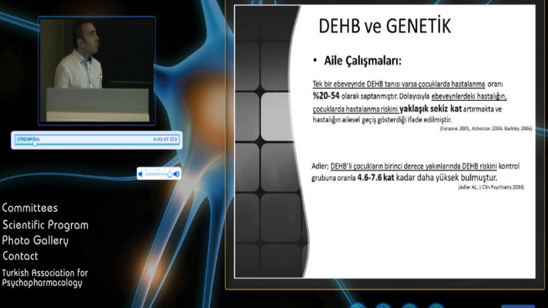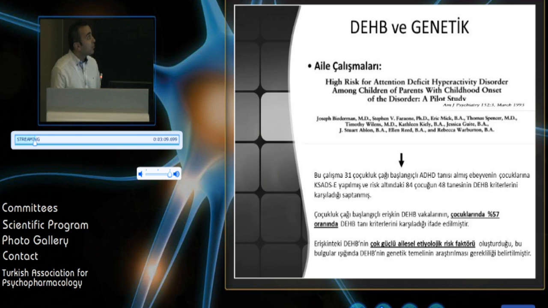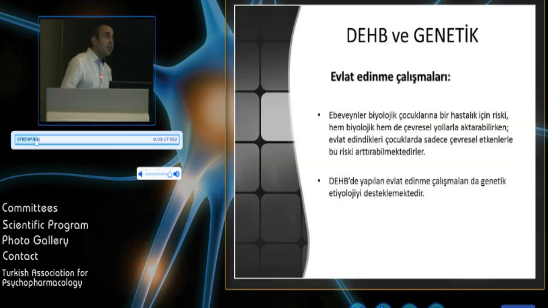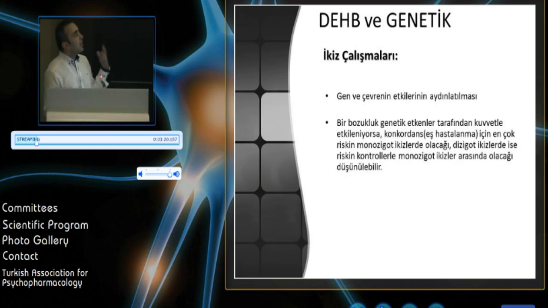If there is this diagnosis in one of the parents, the child has an 8 times higher risk of having the disorder. In trials conducted in Turkey and abroad, we see a similar result. The trials on twins and adopted children are important mainly from a genetic perspective.